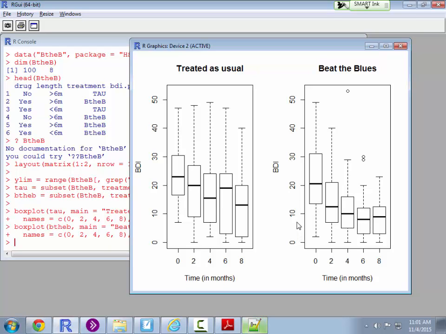And qualitatively comparing the two, looks like the treatment resulted in a more pronounced decrease in depression symptoms. The pattern seems to drop down more rapidly, and it achieves a lower level. So on average, at the end of the time course, depression was under 10. On average, after the time course in the control group, it was still above 10. So just based on the picture, it looks like there is a treatment effect.